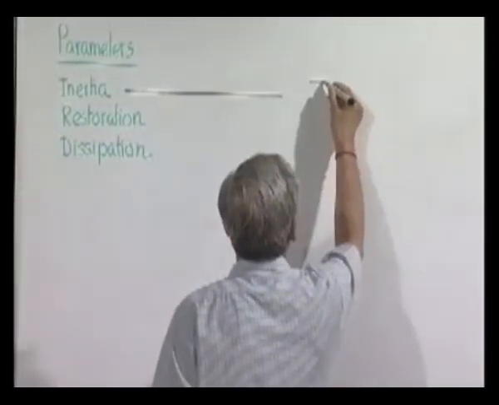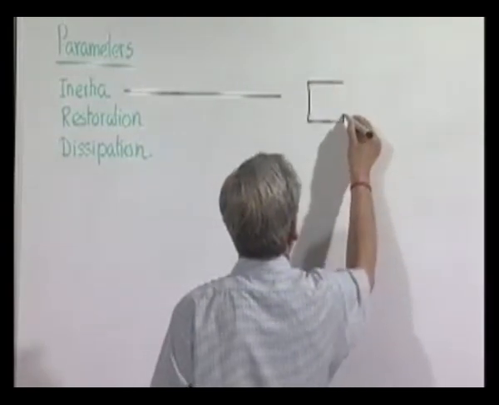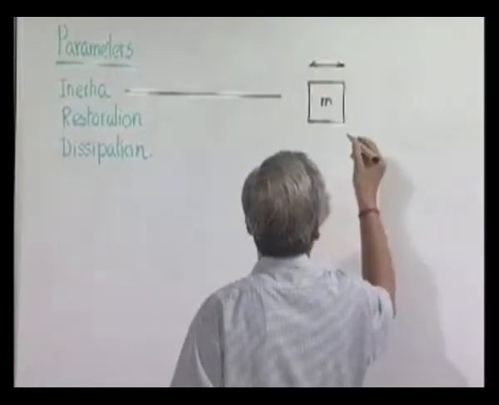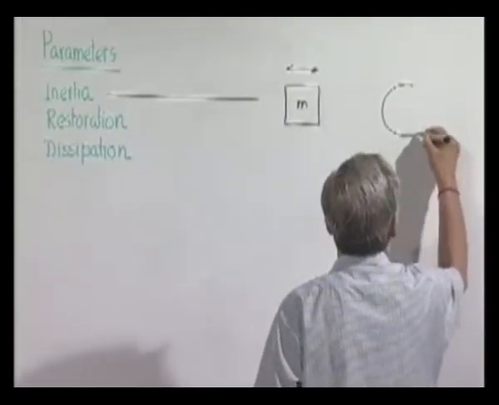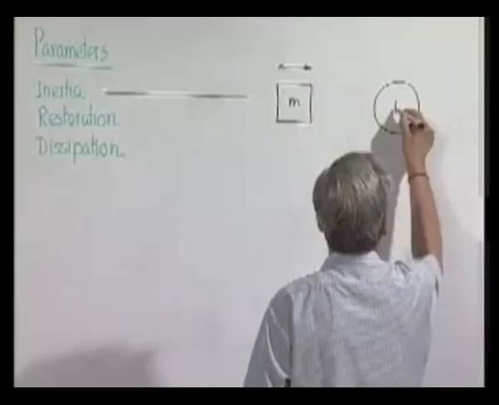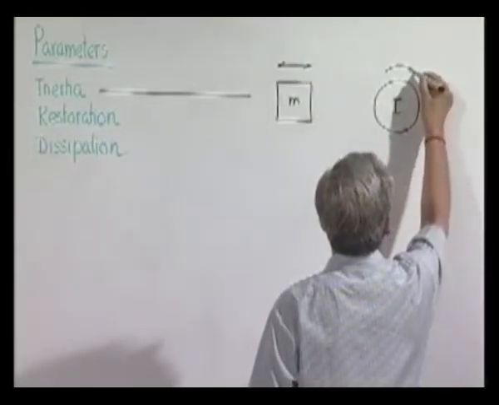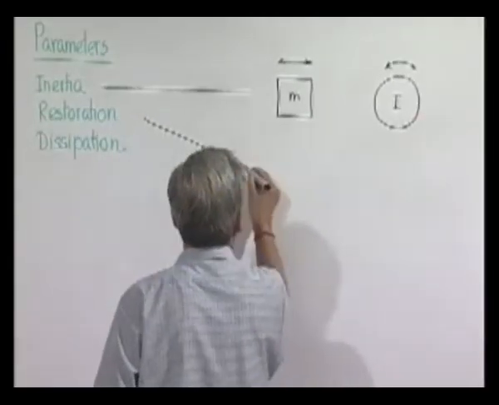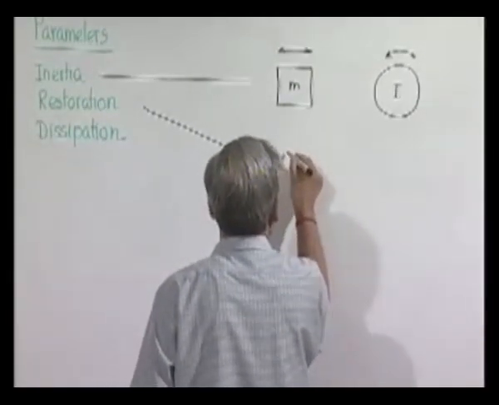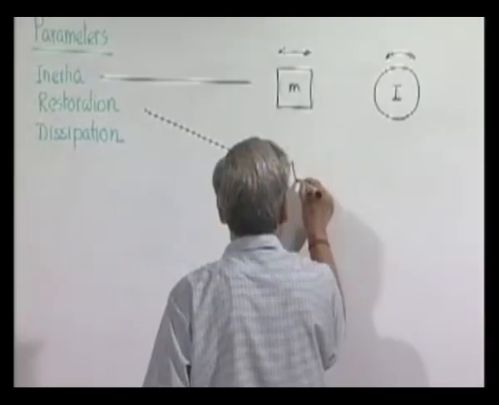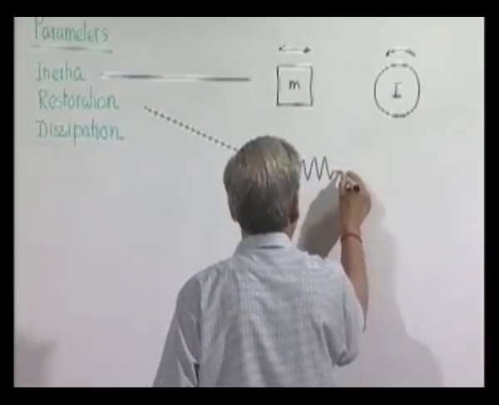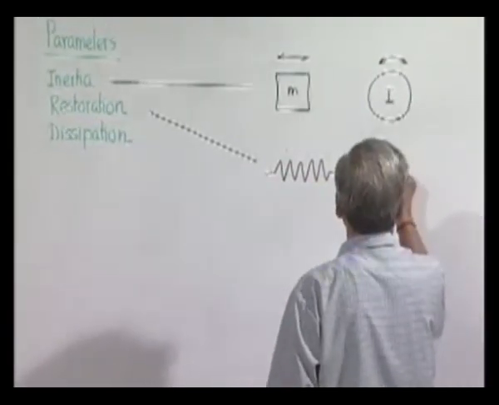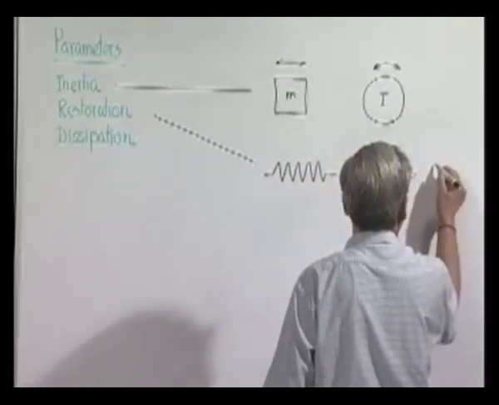Inertia means it will be a mass when the movement is linear, or it can be a moment of inertia I when the motion is oscillatory. Restoration similarly can be simply a spring or a torsional spring. This is a linear spring.